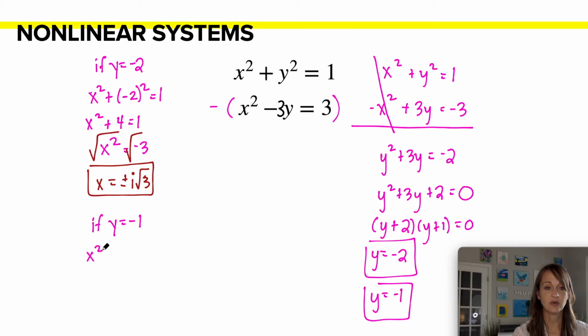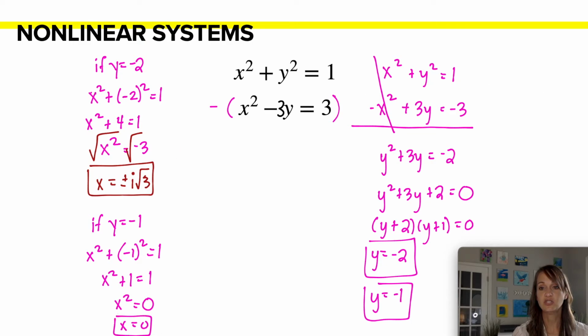I will get x squared plus negative 1 squared equals 1. Negative 1 squared is still a positive 1 because when you square it, it becomes positive. So when I subtract 1, I will get 0. Take the square root and I get 0. So the solutions to this system of equations, we've learned that if y equals negative 2, x can give me two different options.